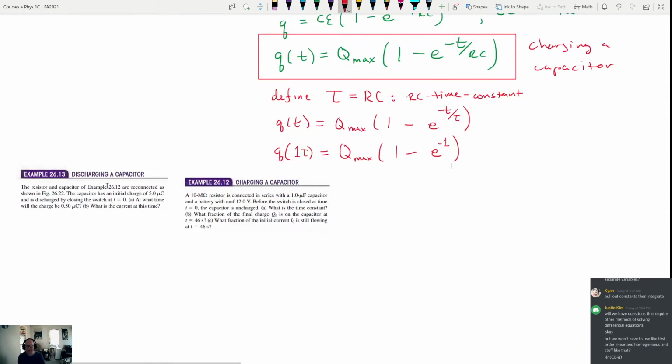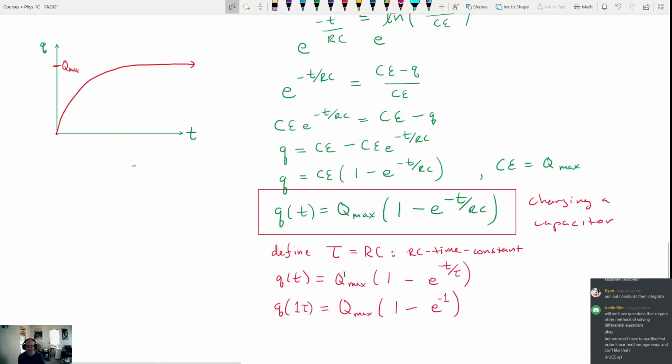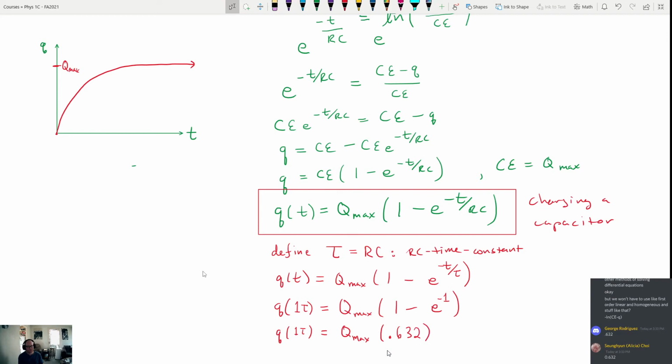What do you get if you plug in 1 minus e to the negative 1 in your calculator? So you get 0.632. So what that tells you is that after one time constant, you've reached 63% of the maximum charge.